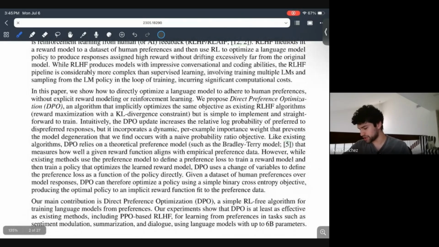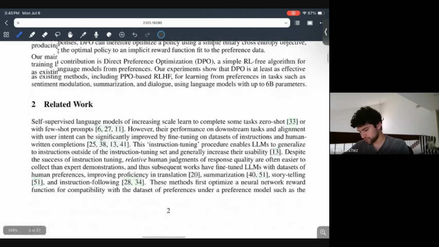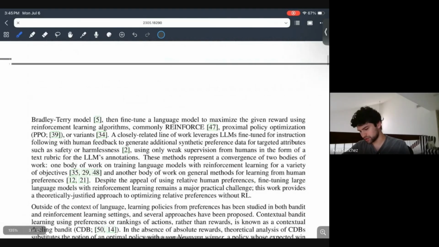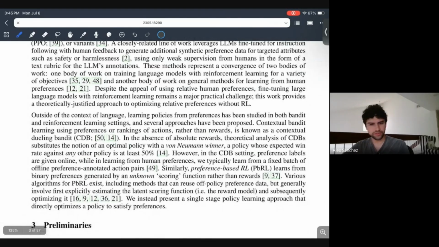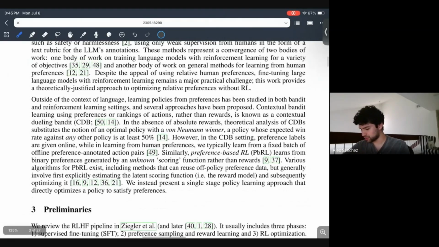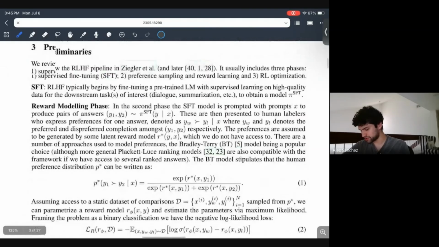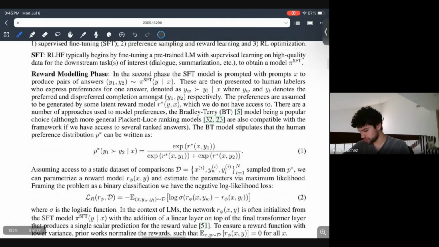But in this paper, again, to optimize a model to adhere to human preferences without RL, they propose DPO. Related work, again, this is just talking about the stuff that was before this paper, but here we are in the more important bits.